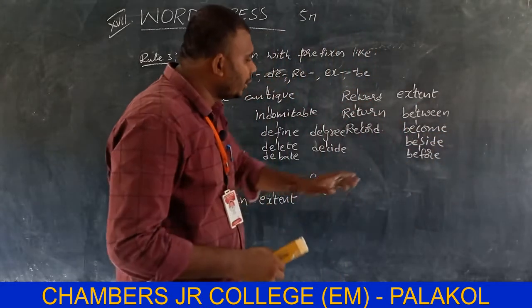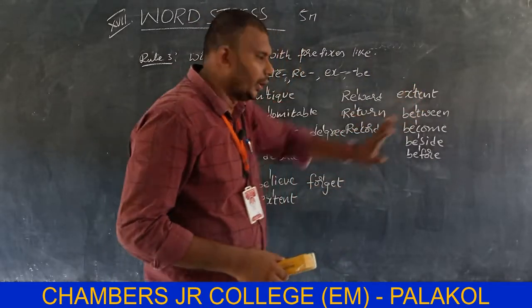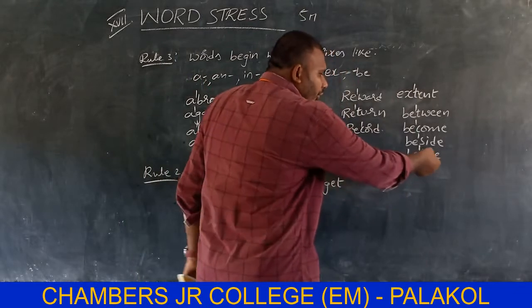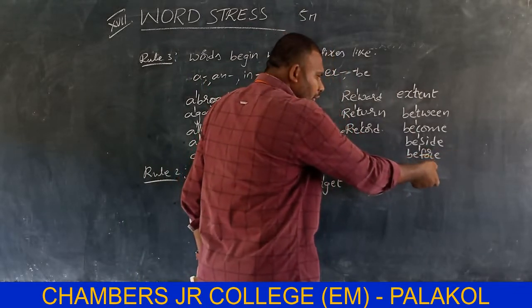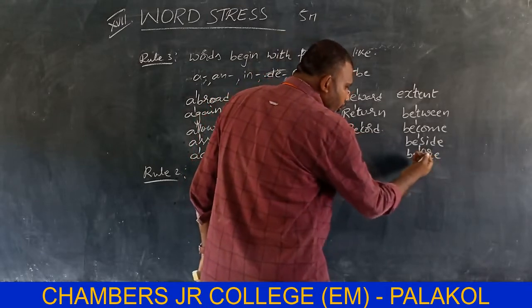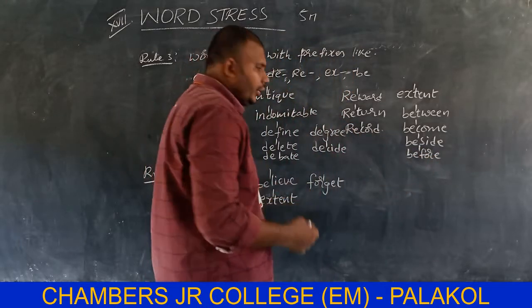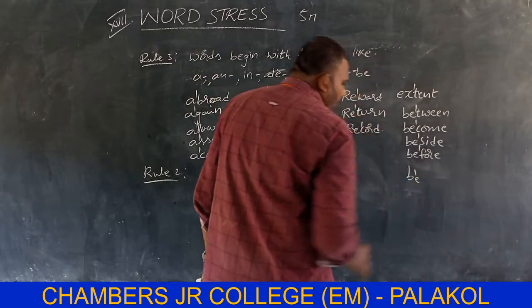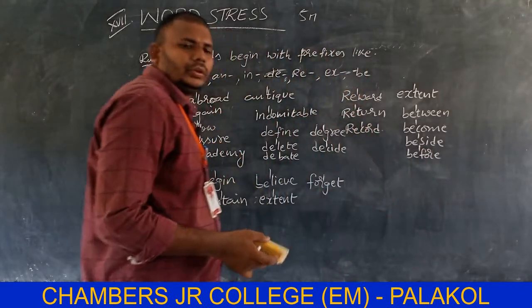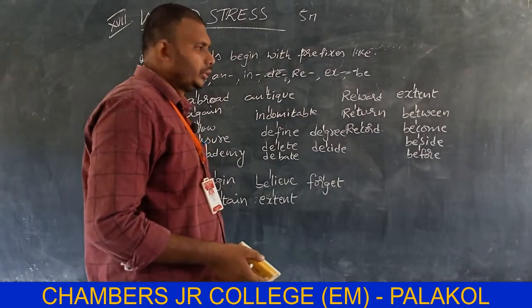While marking the stress, while drawing the vertical line, be careful. It should be before the first letter of the syllable, and be careful, it should not be shifted to the letter before. If you put it on E, it will be considered wrong. You may lose your mark, right?